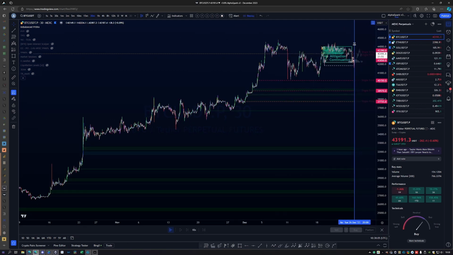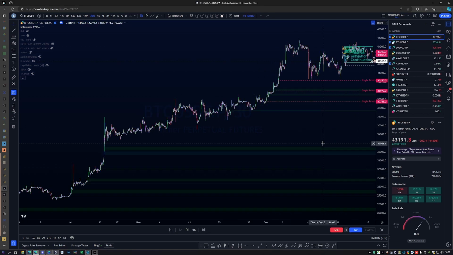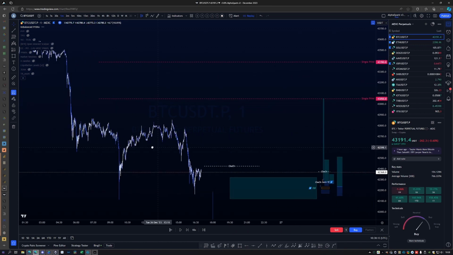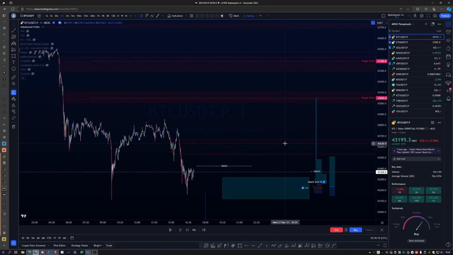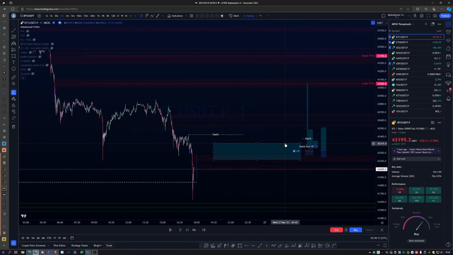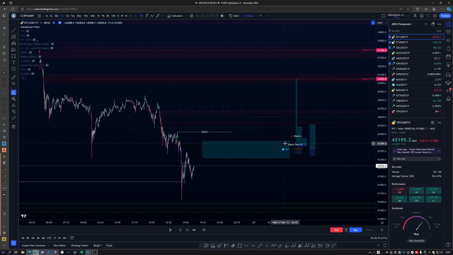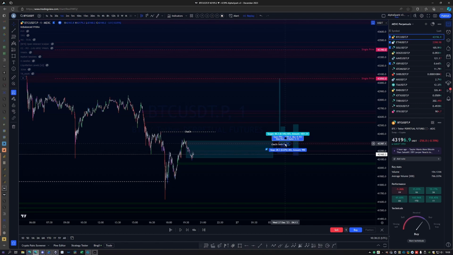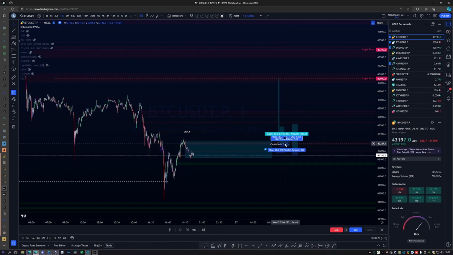Okay, so I'm gonna try to not look there. Change back to the 1 minute. Okay. Sorry. What happened was that I accidentally pressed space.